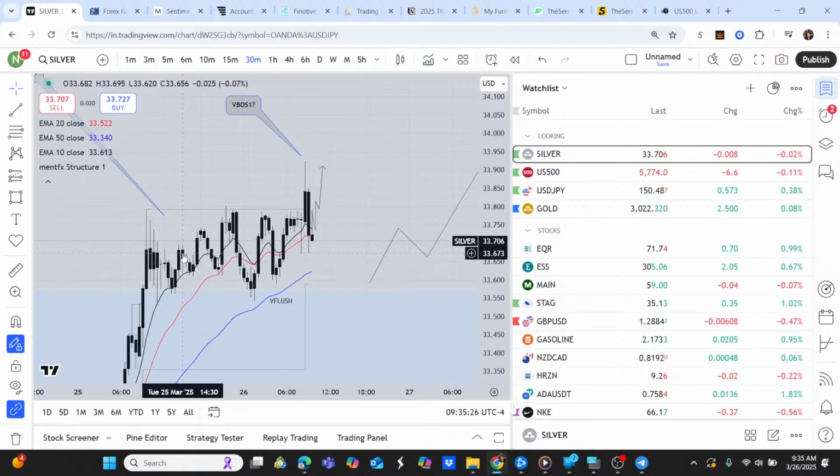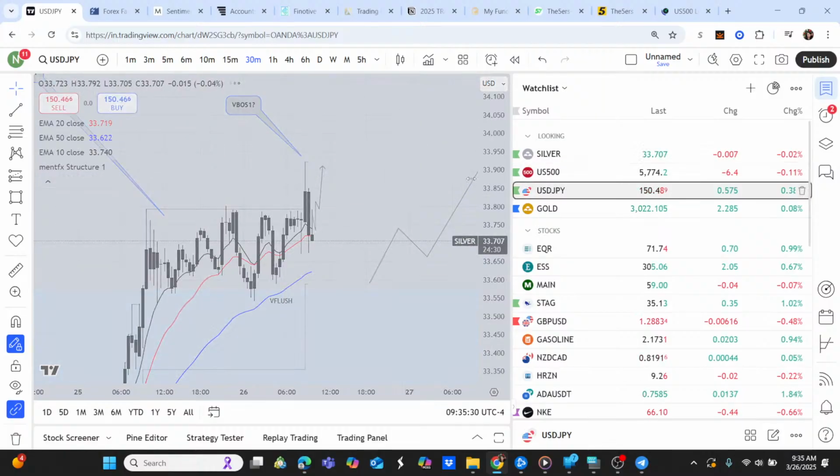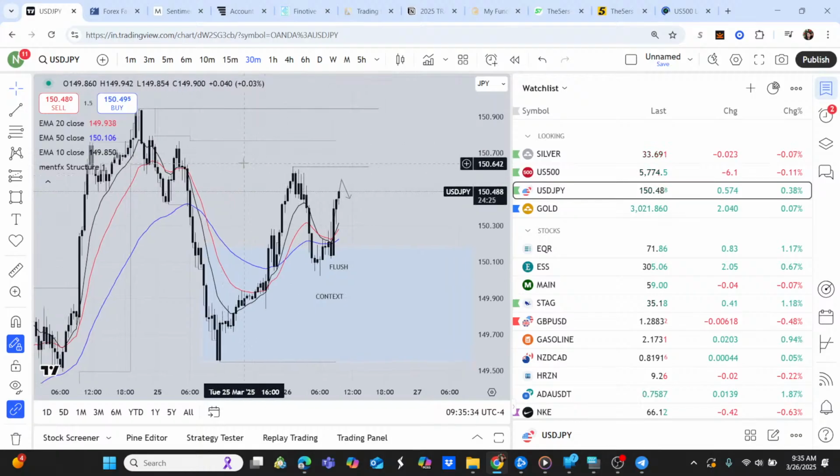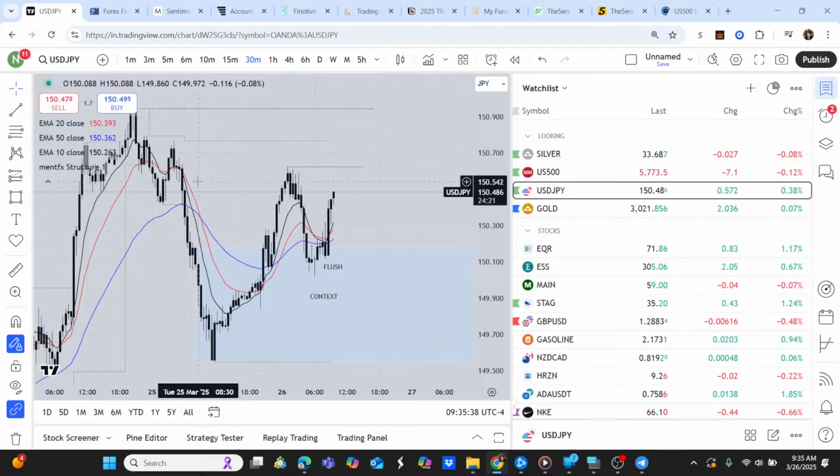I don't like it. Let me take a look at USD JPY. Oh, USD JPY looking good, but it's not quite ready as of yet.